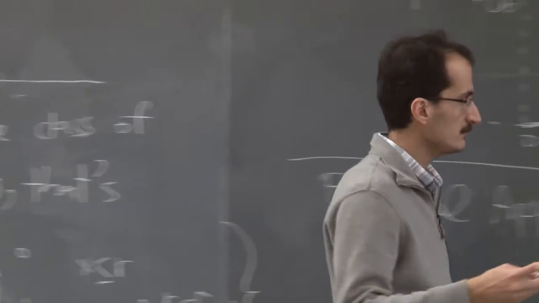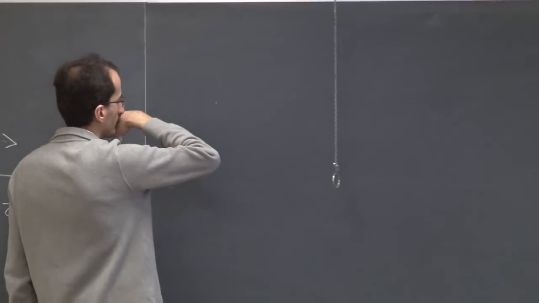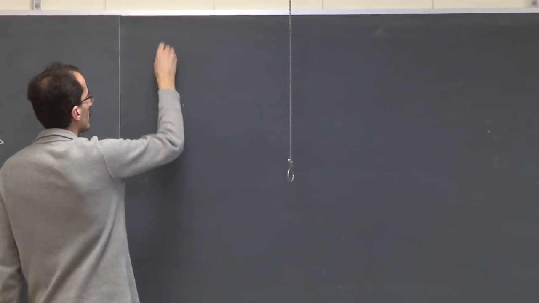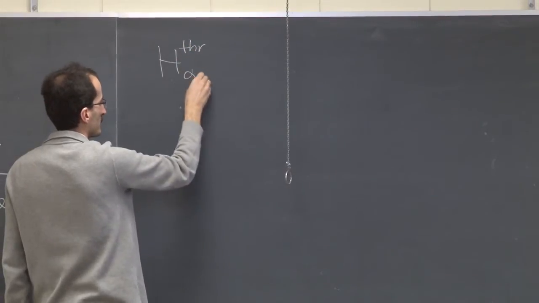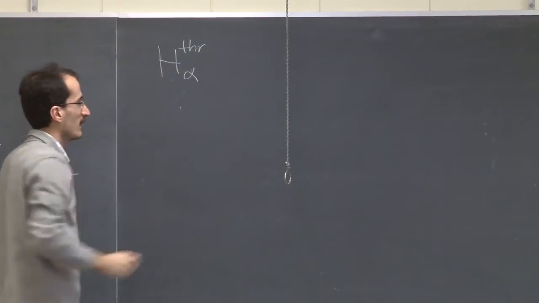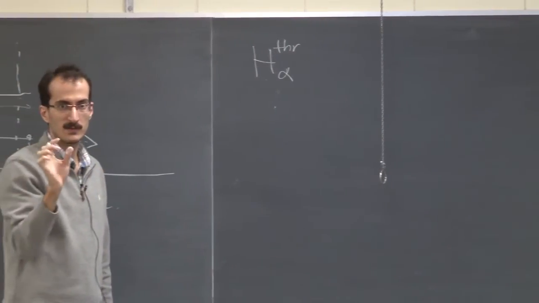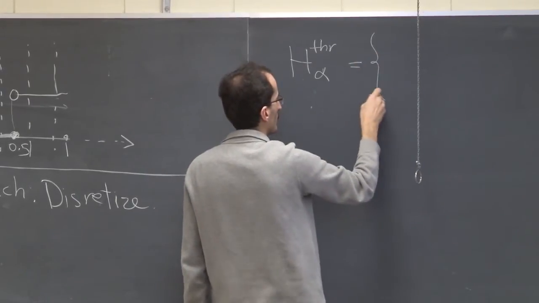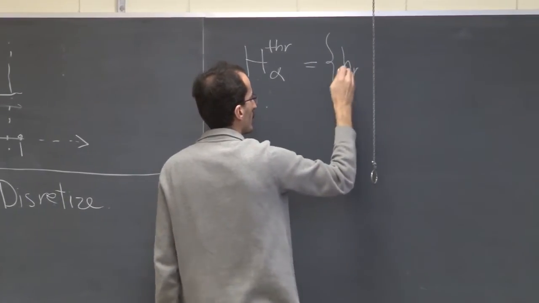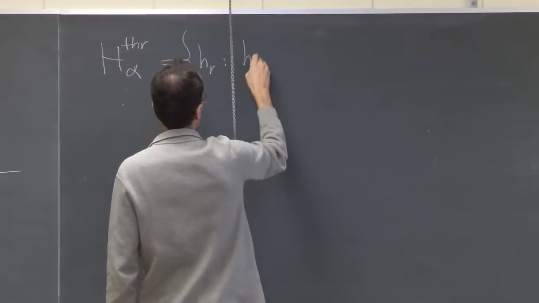So the class of thresholds with precision alpha, or with alpha number of divisions, is again the same definition.